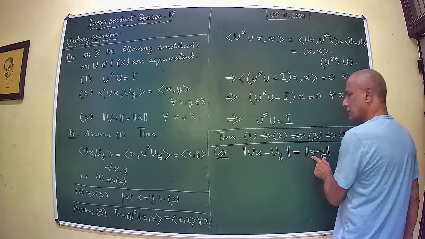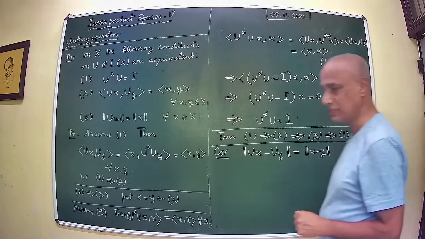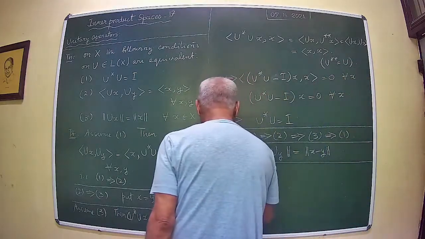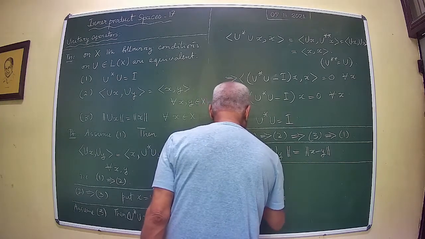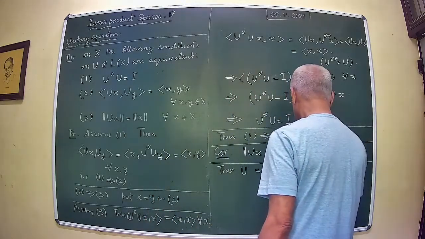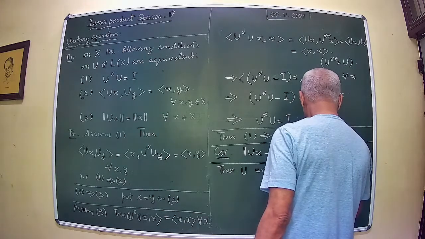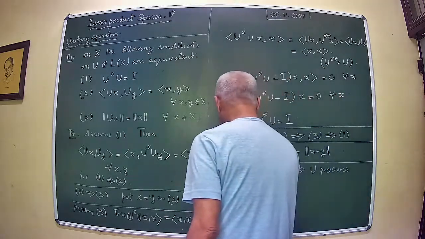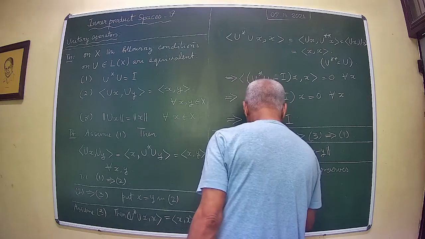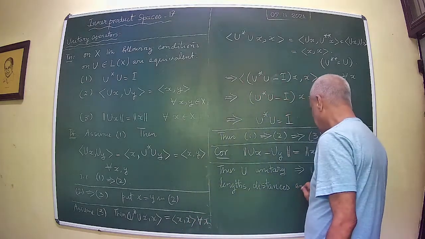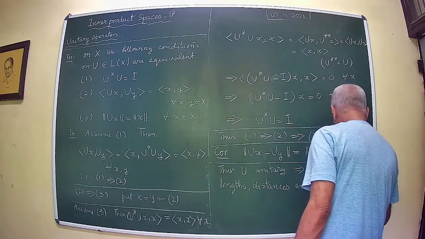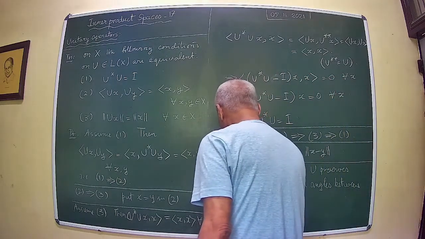So if U is unitary, it is angle preserving as well as length and distance preserving.